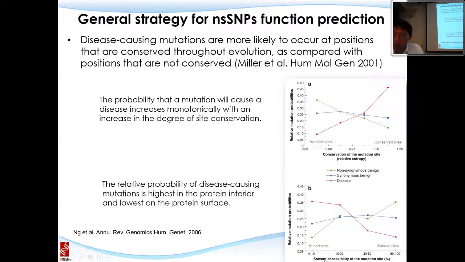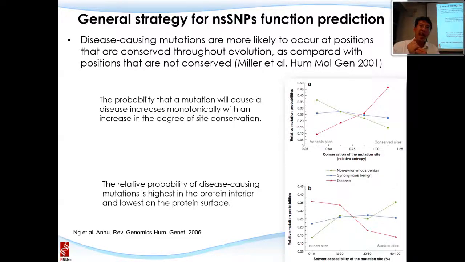And the bottom one is called the solvent accessibility of mutation sites. We know that proteins can form secondary and tertiary structures, right? So they form structures, and people did a calculation. They found that disease-causing mutations actually tend to be located inside the protein rather than on the surface of the protein. I think this makes sense, because if it's at the surface, in many cases it will just impact the local structure.